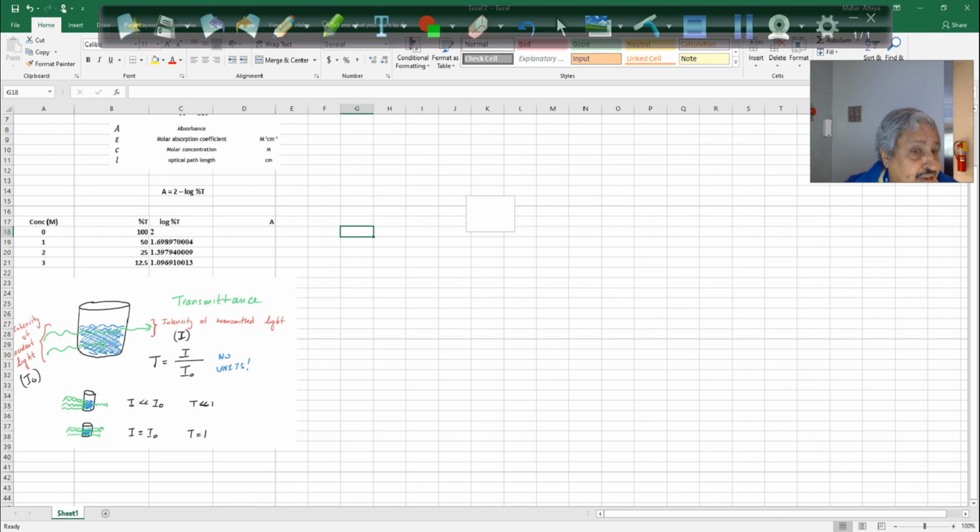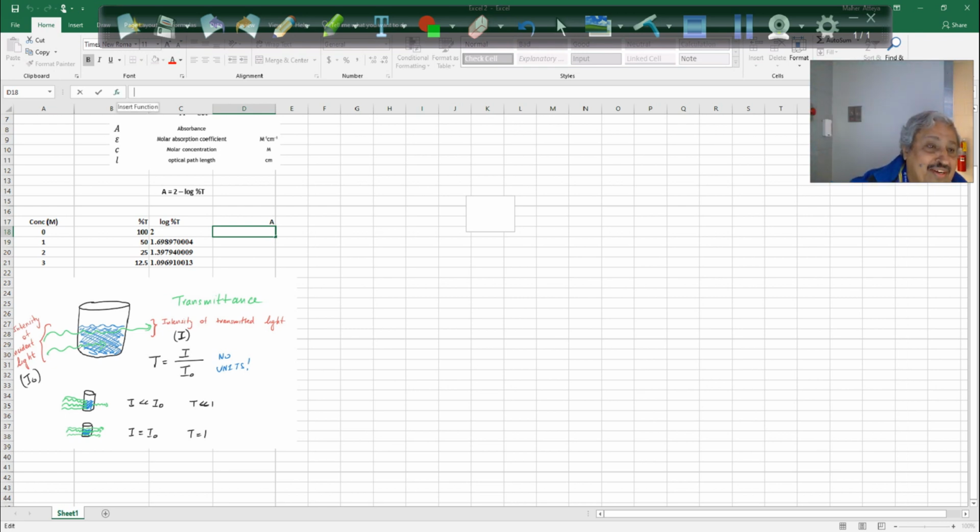So now we have to get the absorbance. What's the absorbance here? Well, the absorbance is A equals 2 minus log transmittance. We'll start with the formula bar up there.